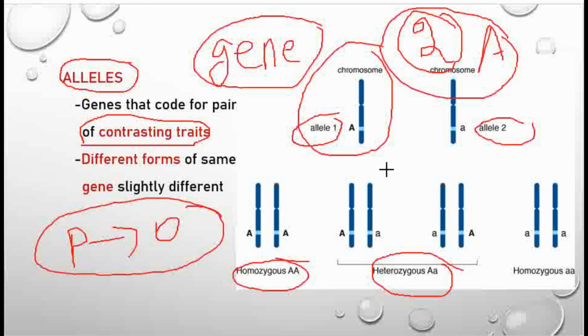Homo means similar, so here both are A, and we call it homozygous. If the alleles are different, with a capital A here and a small a here, hetero means different, so it is heterozygous.